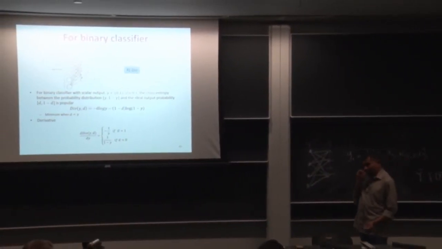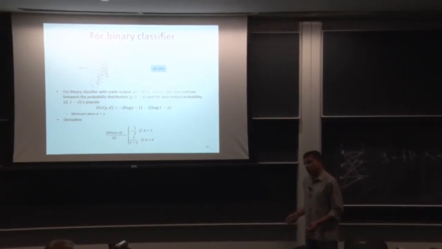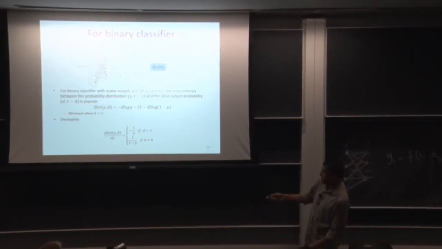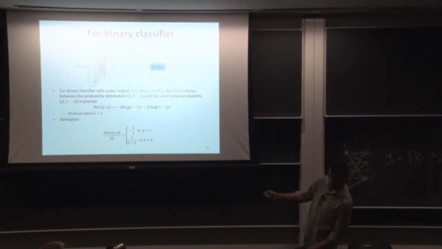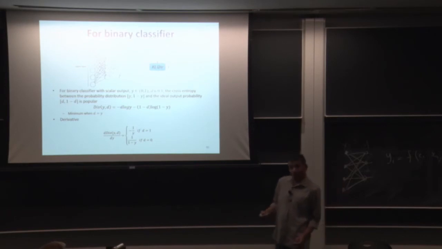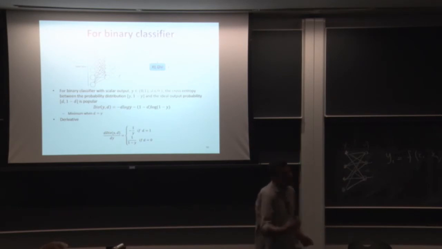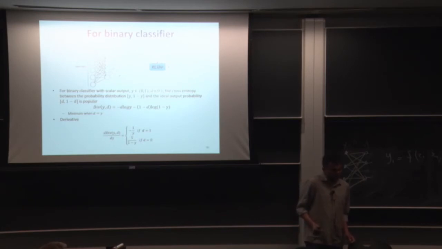On the other extreme, if d and y are exactly opposite one another, then what happens? If d is 1 and y is 0, you get minus d log y, and log 0 is minus infinity. So minus and minus become plus. That's why you need the minus. So you're infinitely penalizing something that's perfectly wrong, and you're not penalizing something that's perfectly right.